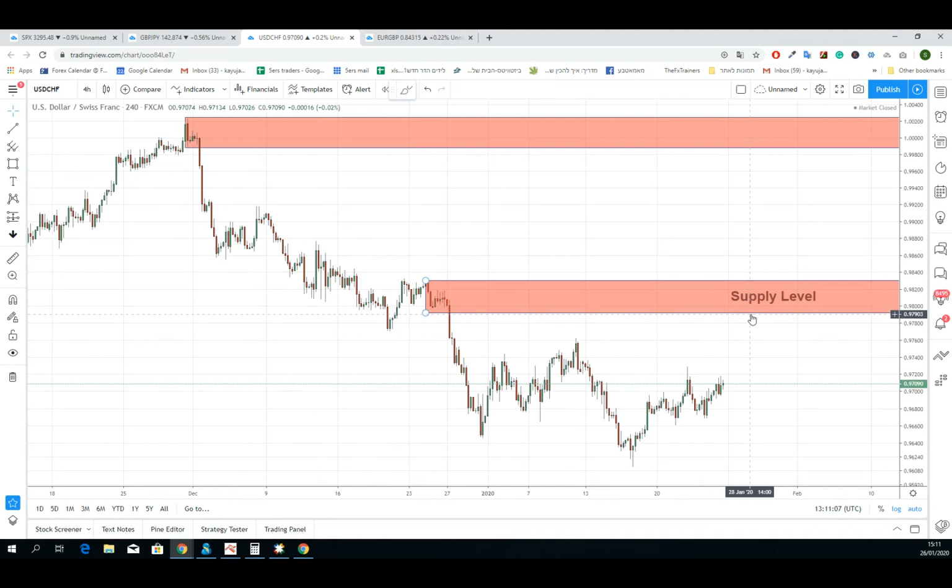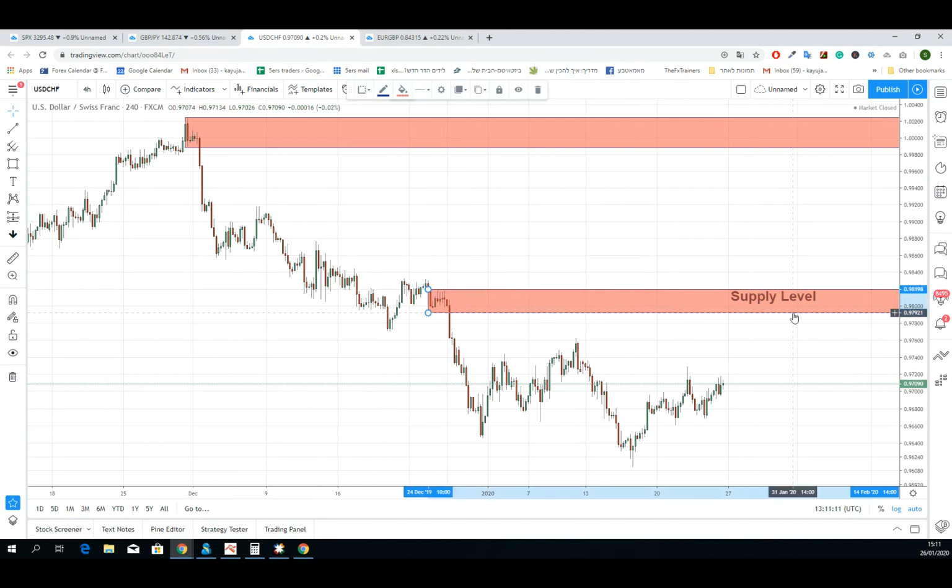When we mark supply and demand and work with supply and demand, the stop loss is usually a bit above the supply level. So I'll set my stop loss just a few pips above this supply, and if the price hits my stop loss, I'll do two things.